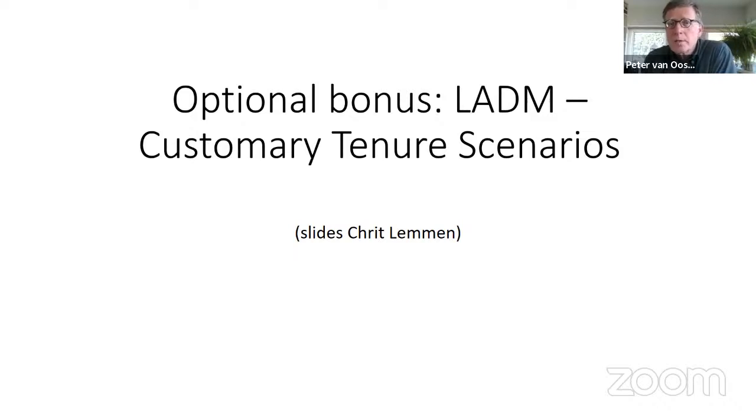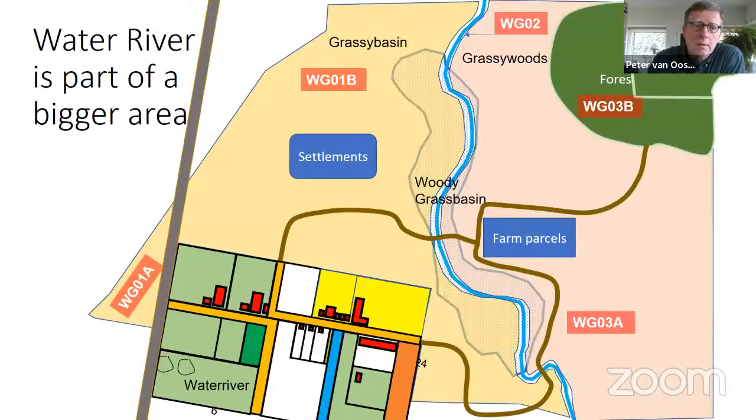These slides are made also by Crit Lemon. He has been working a lot in various developing countries, Africa, Latin America, Asia. At the bottom you see our little town that was used before, with a water river.